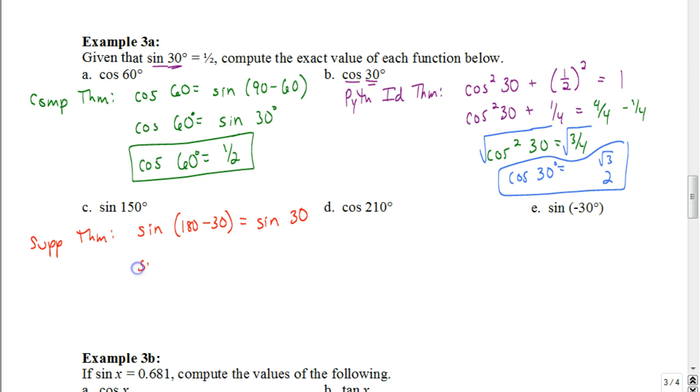So that means that 180 minus 30 is 150. So the sine of 150, which is what I'm trying to find, is equal to the sine of 30, which is 1/2. So sine of 150 degrees is 1/2.